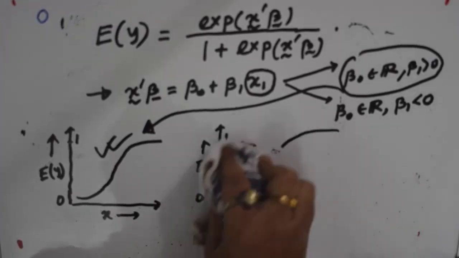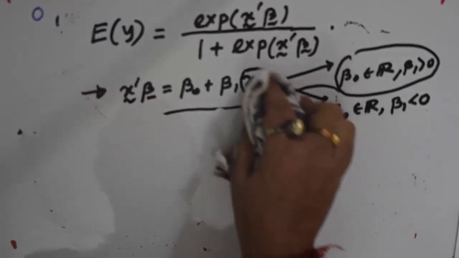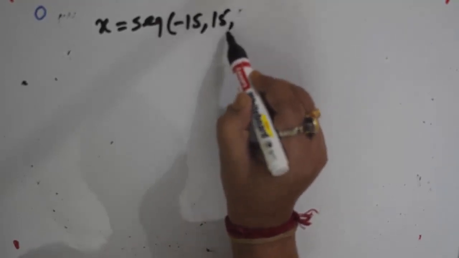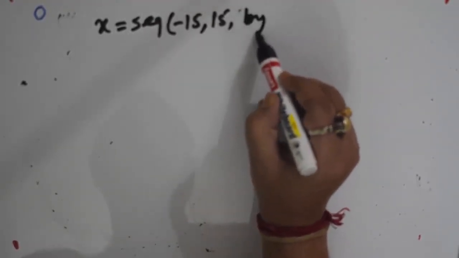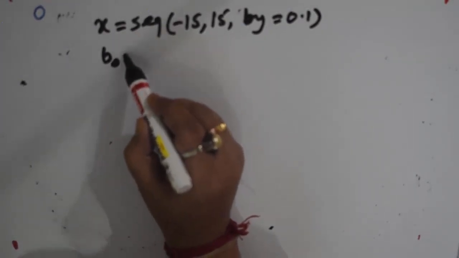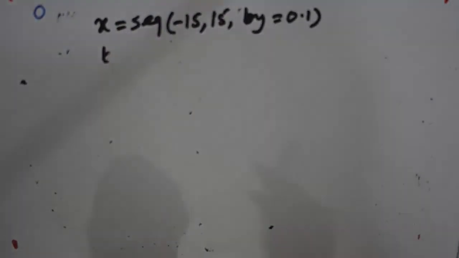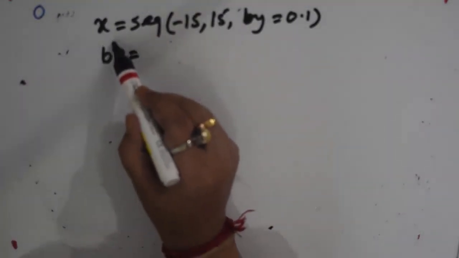Suppose I take values of x from -15 to +15, with an increment.